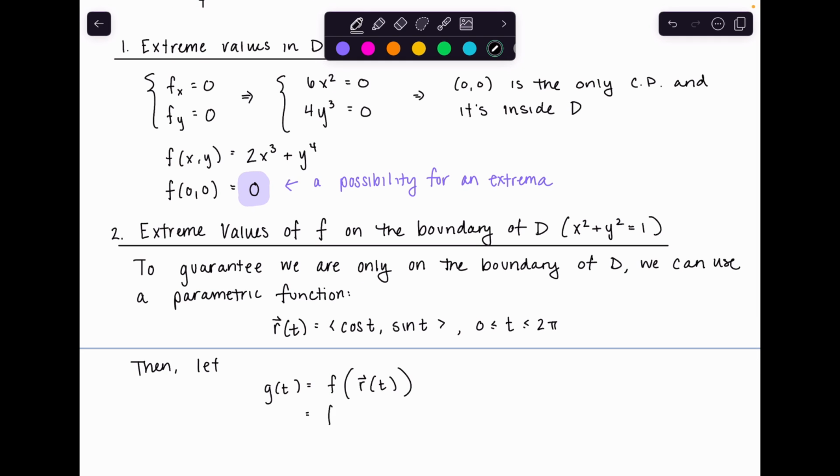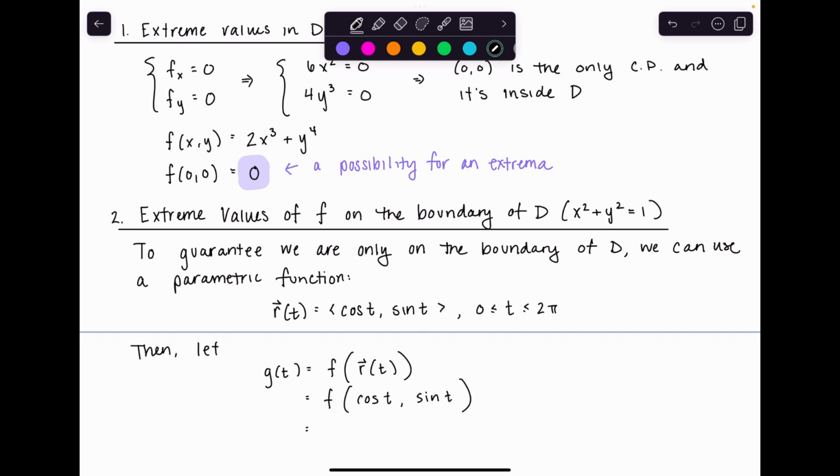So my x gets replaced by cosine of t, and my y gets replaced by sine of t, because that restriction guarantees my x and y are on the circle of radius 1, and this tells me what my z values are only on the boundary, the circle of radius 1. So in turn, it gives me a single variable function just dealing with t.